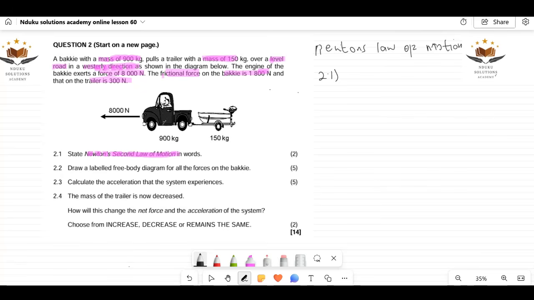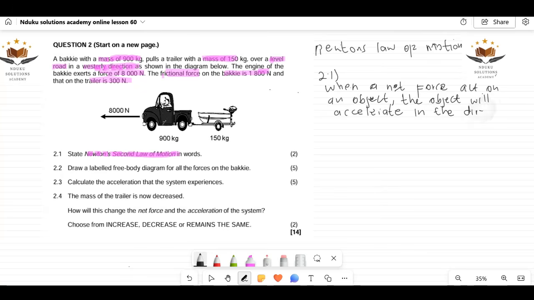It states, from your examination guideline: when a net force acts on an object, the object will accelerate in the direction of the force.